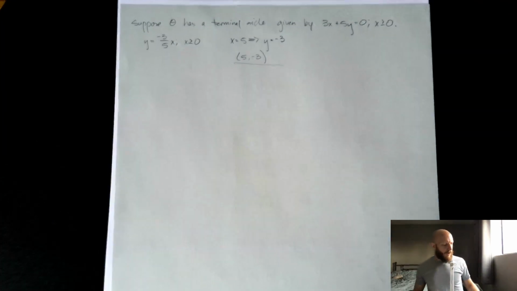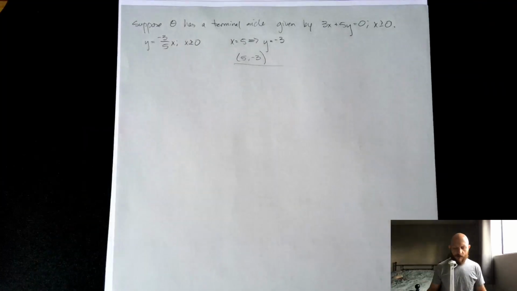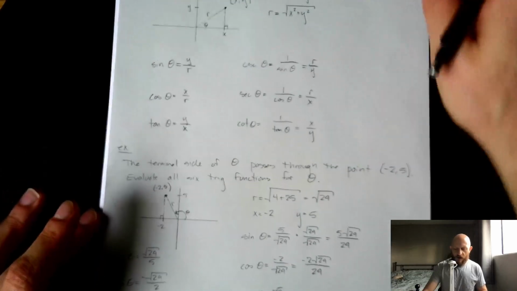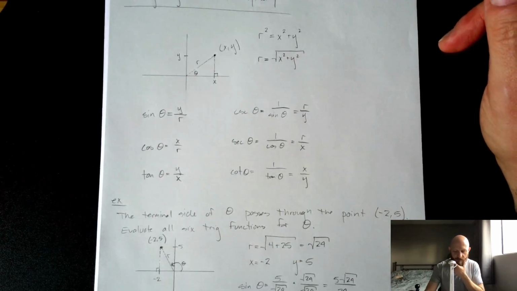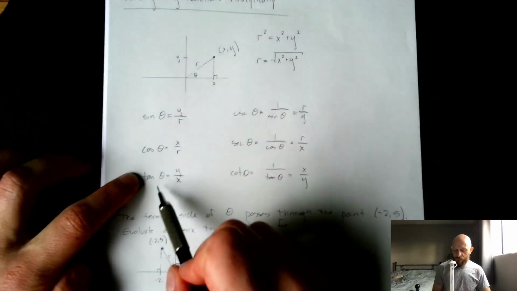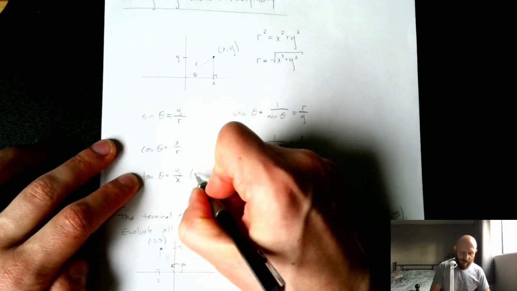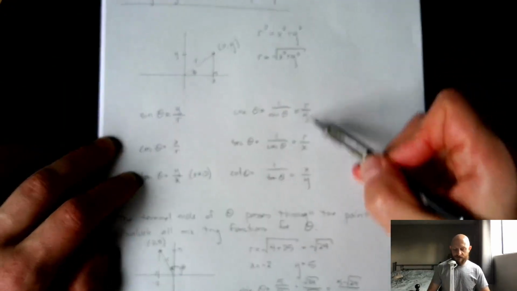Notice too, just really quickly, one thing I'll point out is that in our definitions here, these are fractions, and I really should have been a little more diligent with this, because tangent of theta, for example, is equal to y over x, assuming that x is non-zero. That's the big problem that's going to come up, especially in these reciprocals.